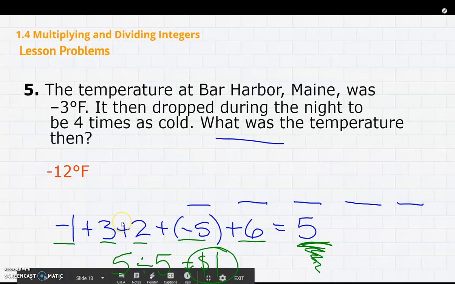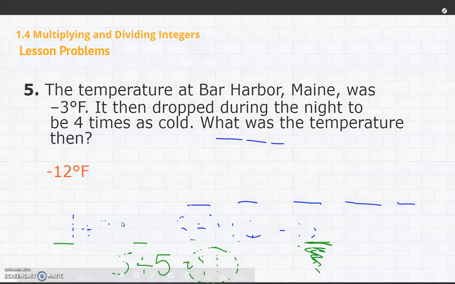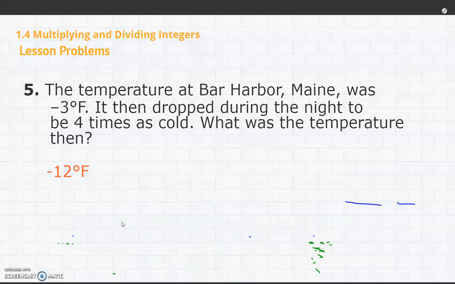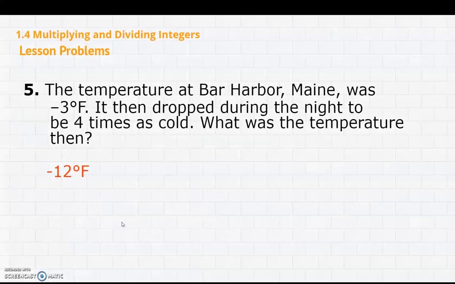The other example I wanted to talk about here, last one, is this one. Okay, the temperature at Bar Harbor, Maine was -3 degrees Fahrenheit. It then dropped during the night to be 4 times as cold. What was the temperature then? Okay, so 4 times as cold is exactly what it sounds like.